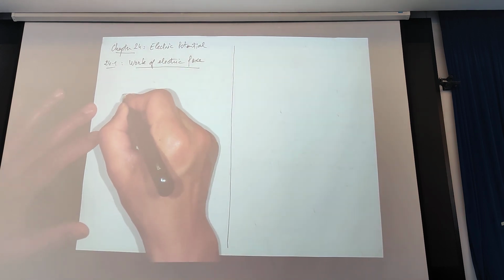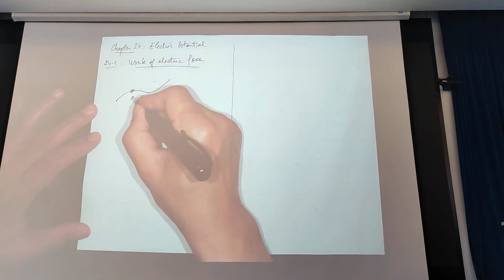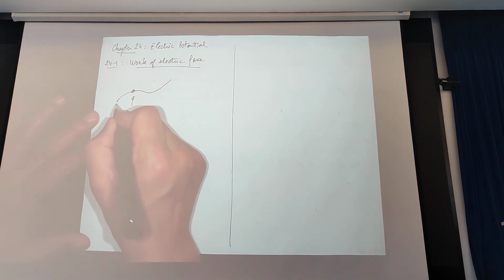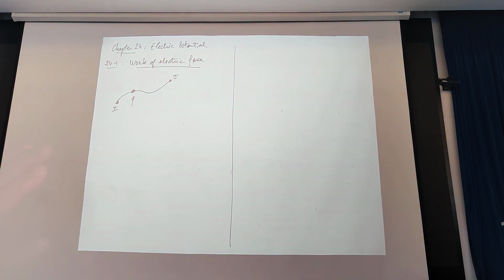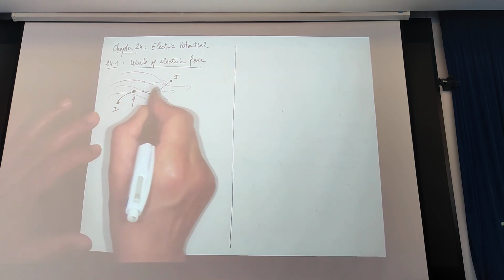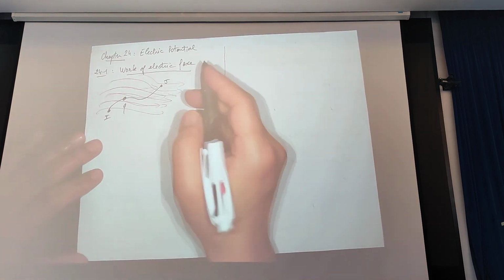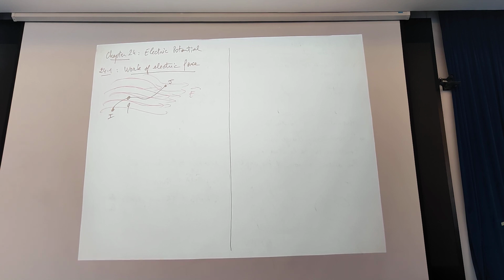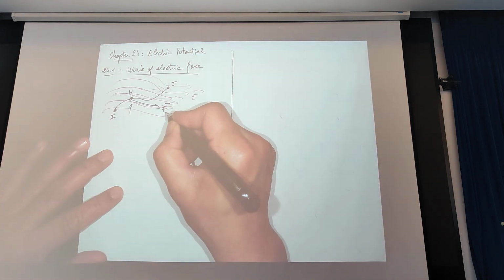So now imagine a charge, let's say Q, going from a point E to a point G. And this charge is surrounded by an electric field E. Of course, this charge is submitted to the electric force Fe.